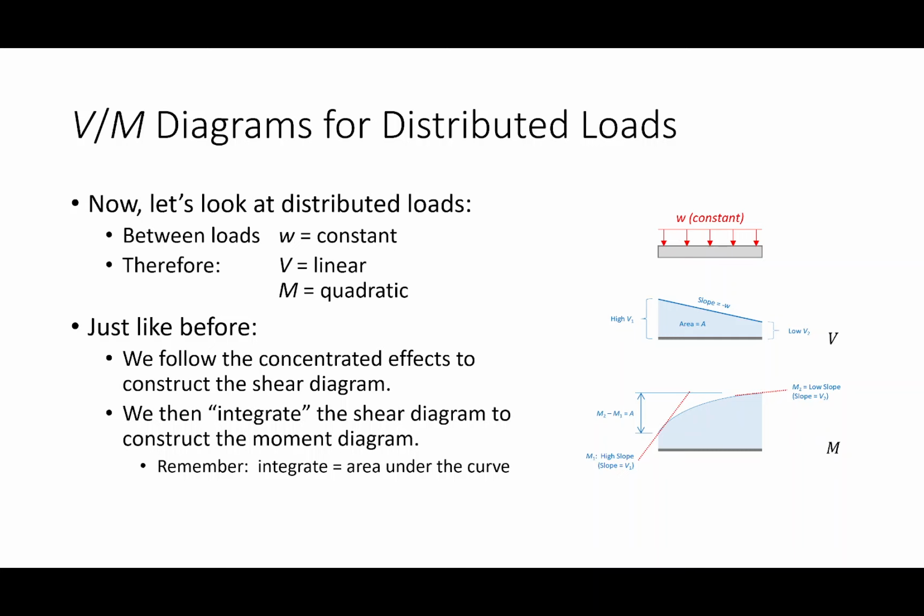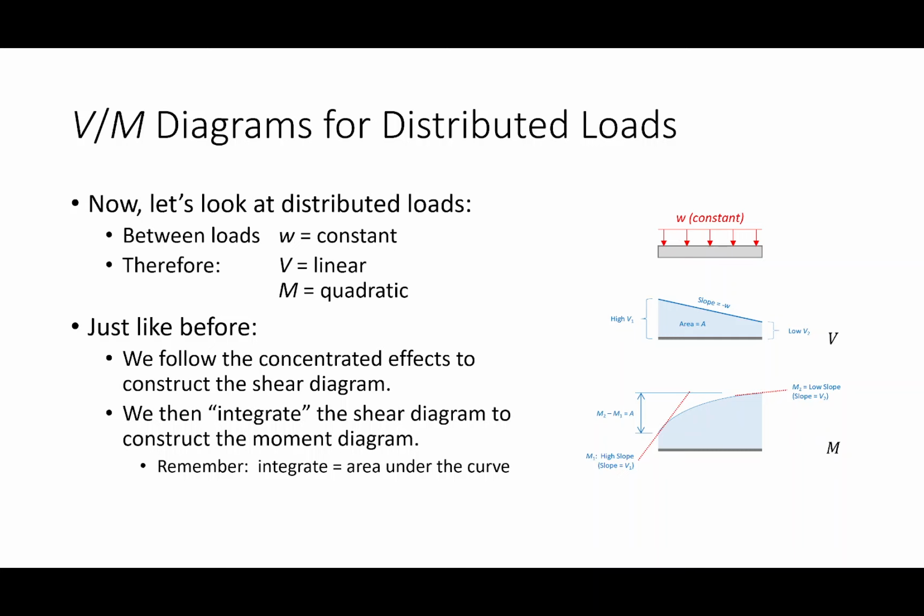Okay? So if I wanted to determine the moment diagram, what I would do is I would integrate this. And so what is the integral of negative 5x? Negative 5 over 2 x squared, plus C1x.